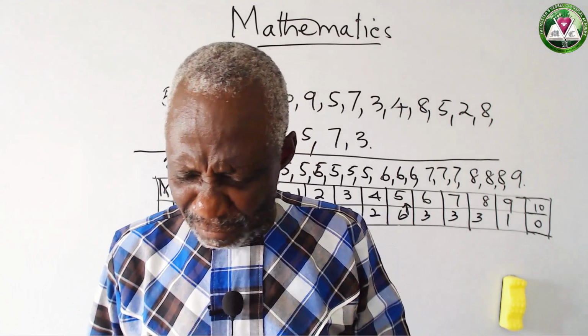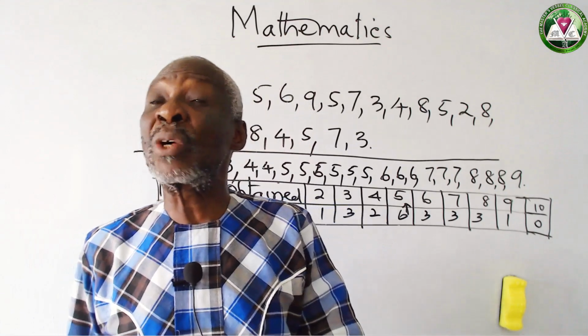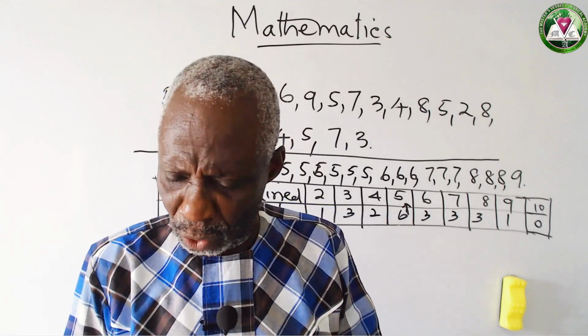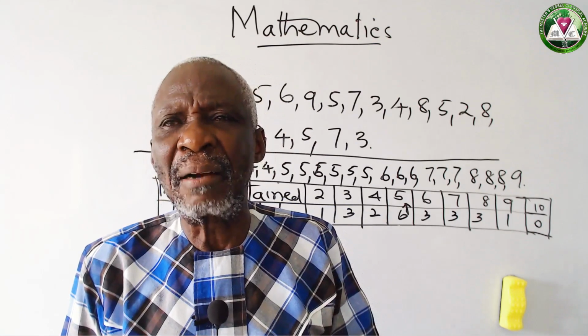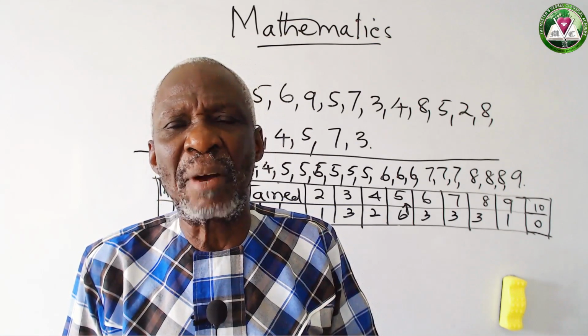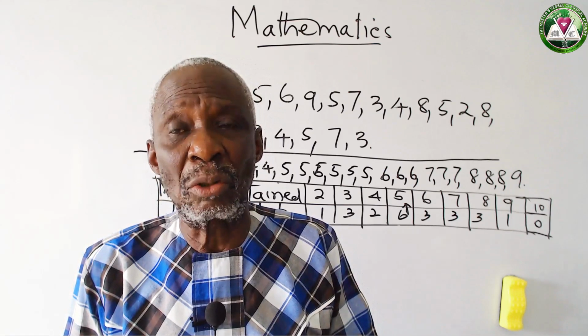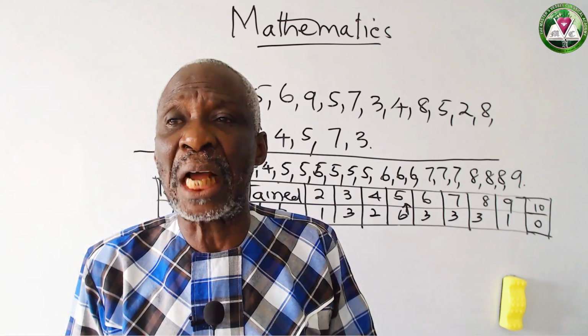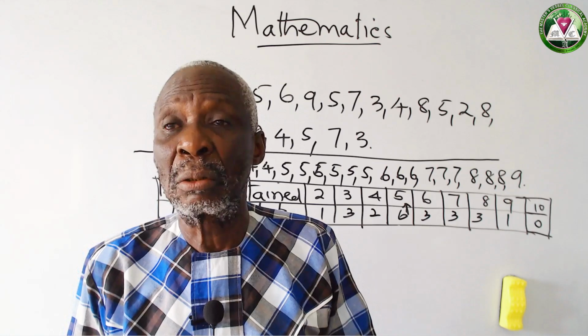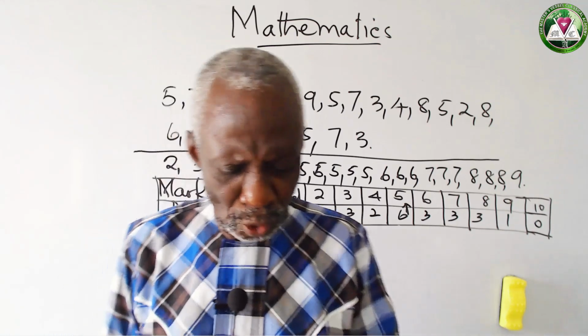Can you get the average score? Yes, you can get the average score. You can. Remember, average can be whole number, it can be fraction, it can be mixed fraction. Do not come and say, sir, this thing is giving us fraction. Just do what you are supposed to do. All right?